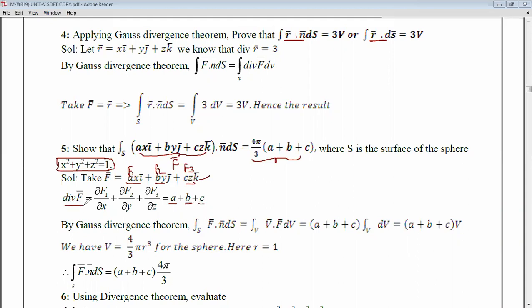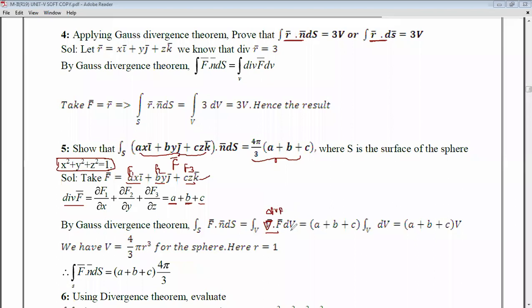So divergence f bar is a plus b plus c. By Gauss divergence theorem, the integral of f bar dot n bar ds is equal to the integral of divergence f bar dV. This is written in symbolic notation as del dot f, which is nothing but divergence f bar. So this one also we can write.